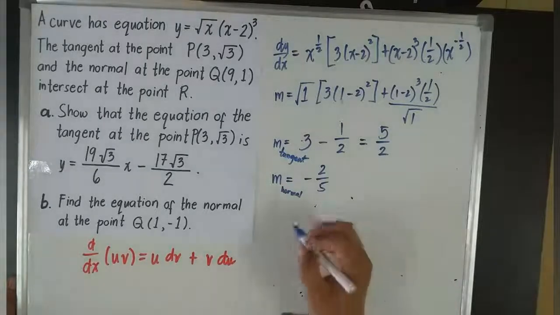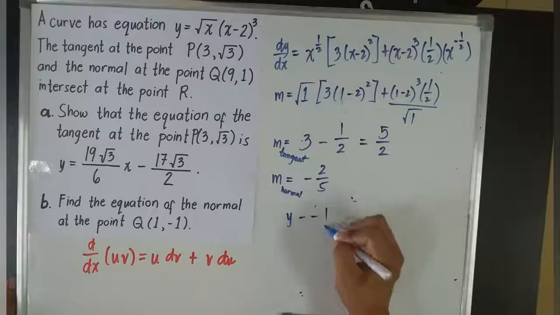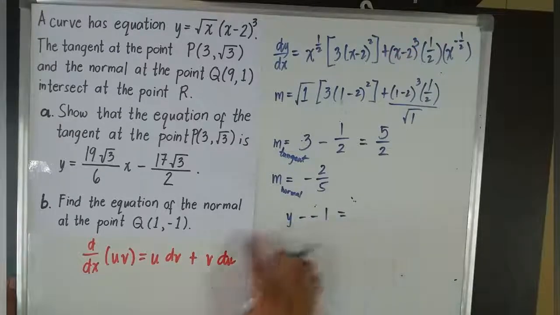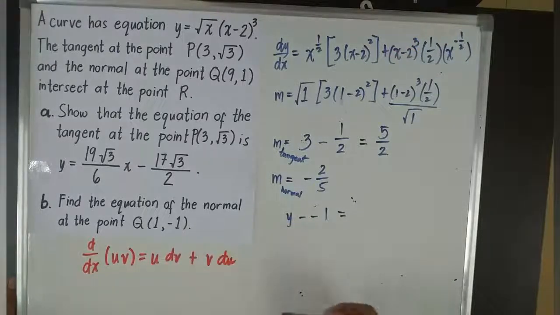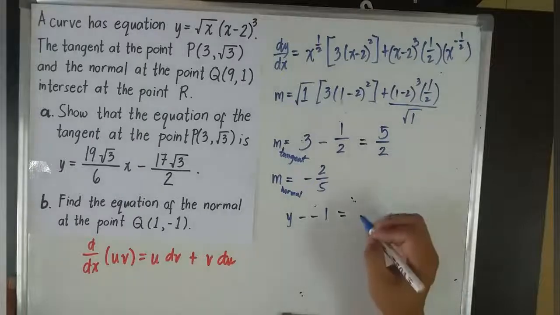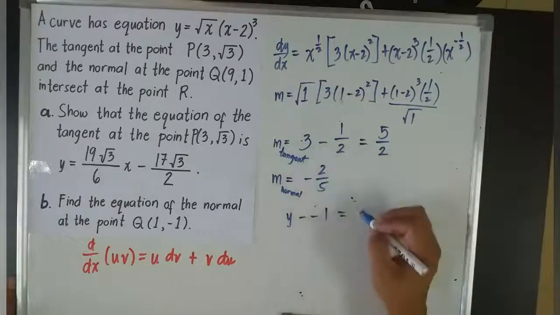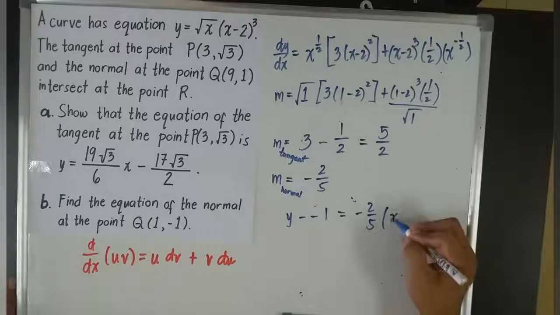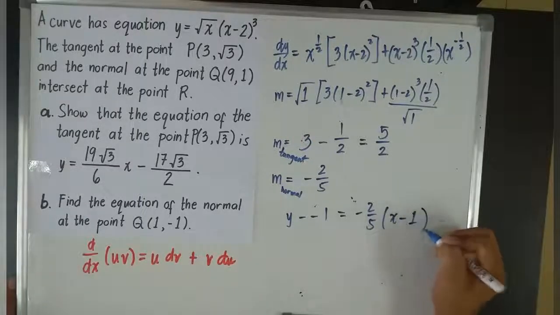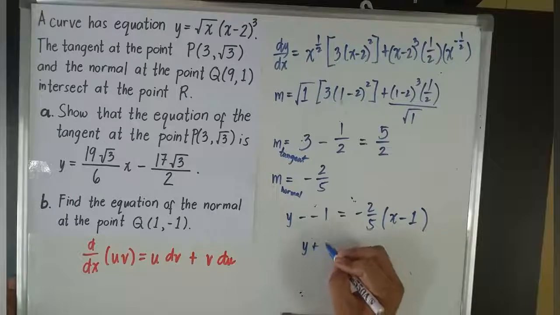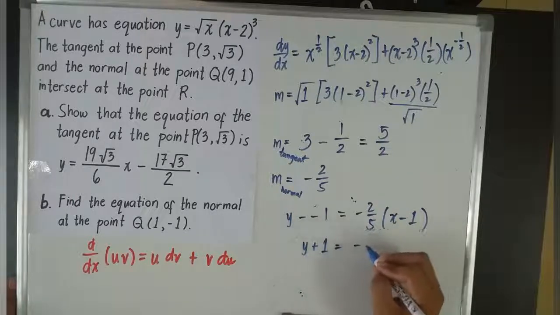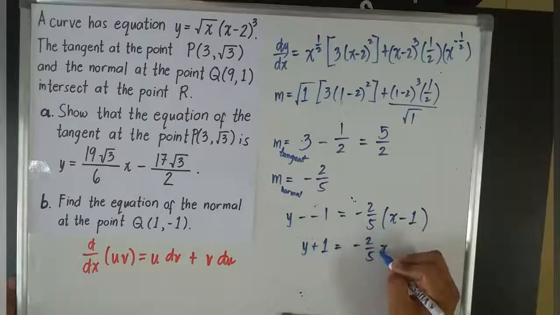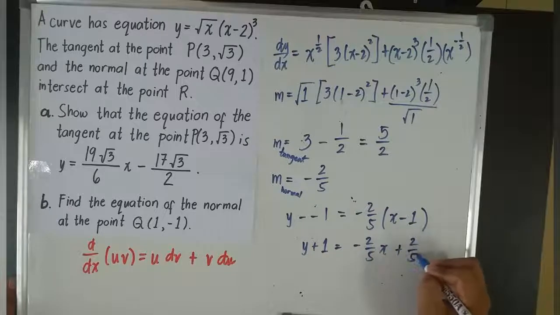Next. So let's move on to y minus negative 1 equals, where did I get negative 1? This. Okay, the gradient of the normal is negative 2 over 5 times x minus 1. Therefore, it will become y plus 1 equals now to negative 2 over 5 x plus 2 over 5.